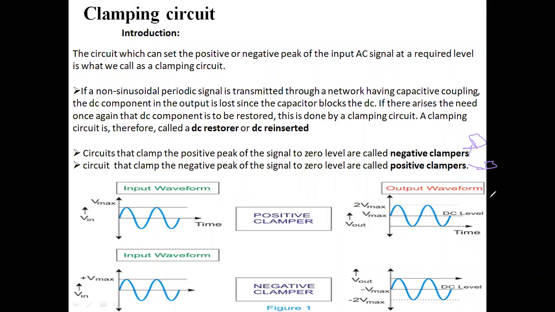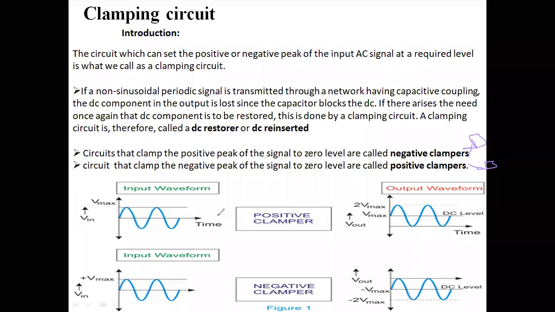If we use some reference voltage, we call that reference voltage a biasing voltage. Then it is subdivided into negative clamper with biasing voltage and positive clamper with biasing voltage.